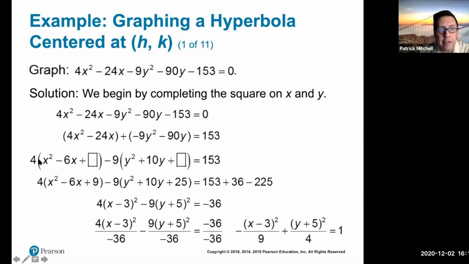So easy for the 4, and we're leaving a space here for completing the square. Here we're factoring out a -9, which changes the sign of this term, right? The minus 90y becomes a plus 10y, right? Because we factored out a -9.